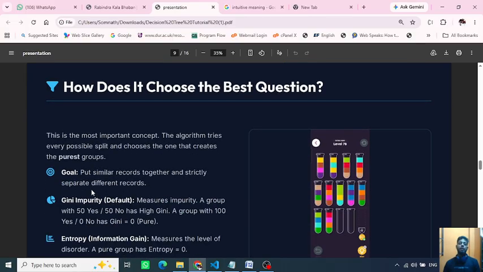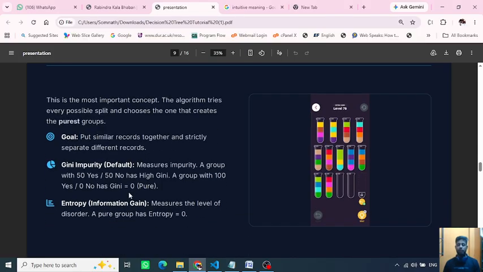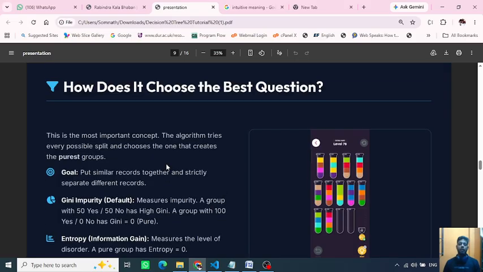Now coming to how it chooses the best question, as I said above. Here I'll explain briefly, and later on in detail. This is the most important concept.